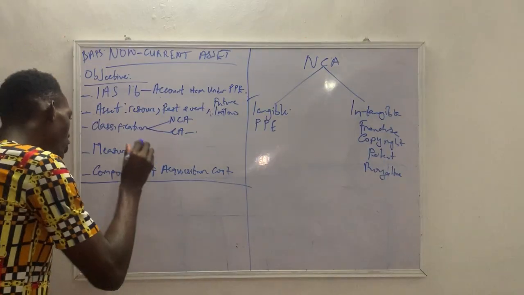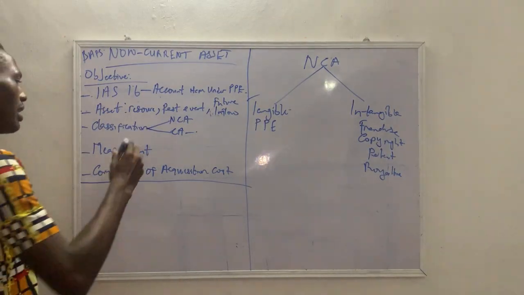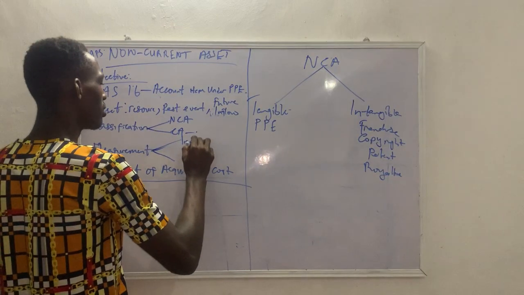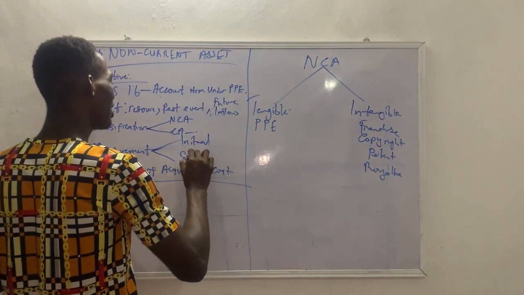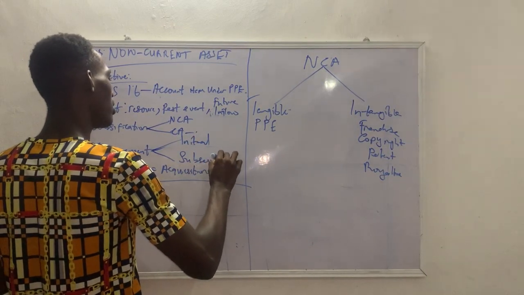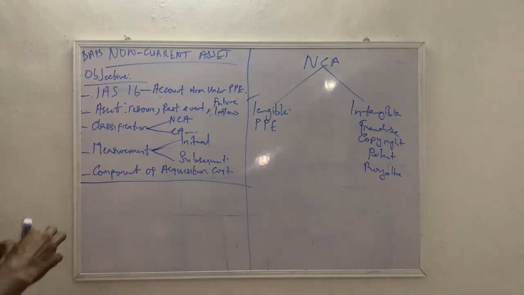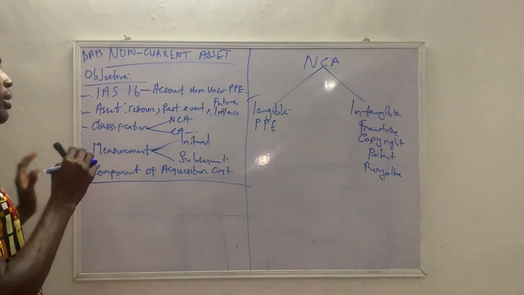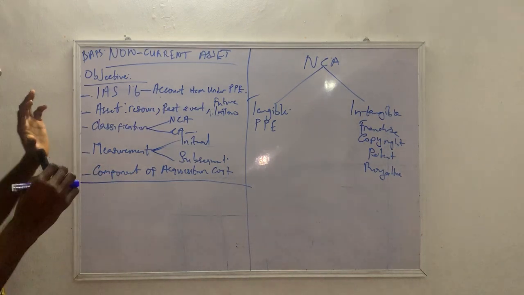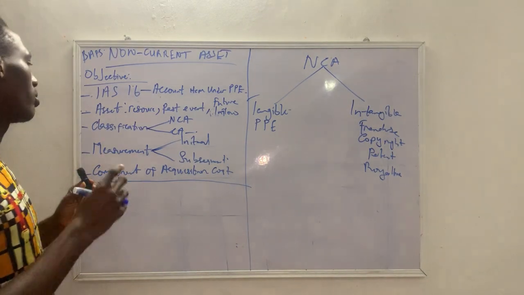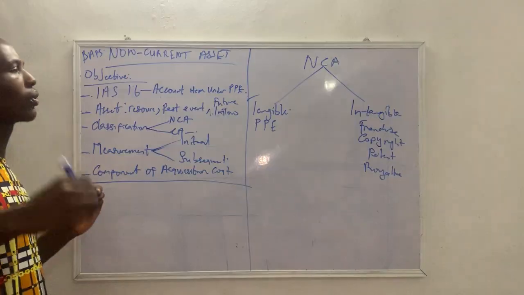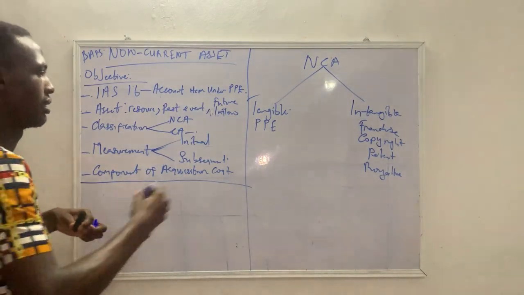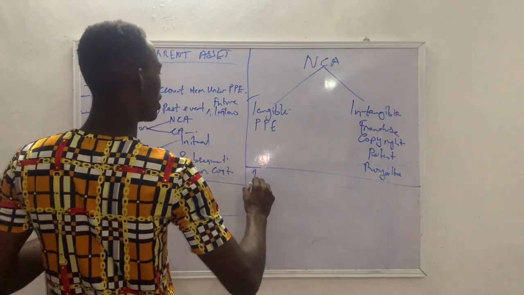Then for this measurement, we have initial measurement and subsequent measurement. So for initial measurement, how do you record our non-current assets at our initial measurement? In our initial measurement, our non-current asset is recorded at the cost.